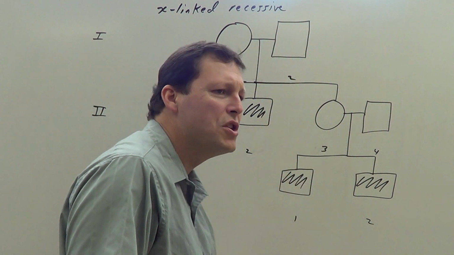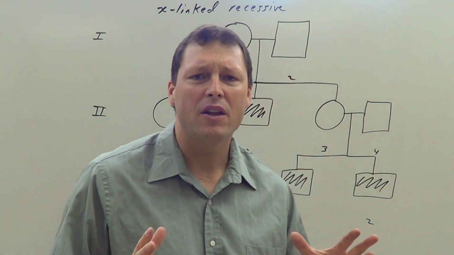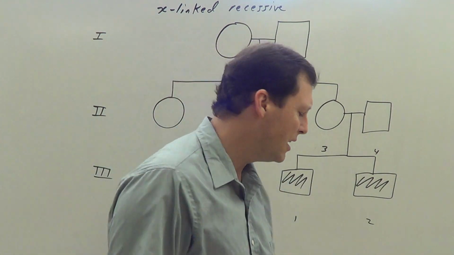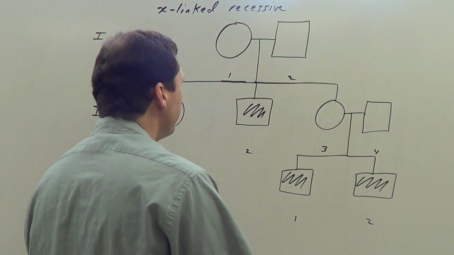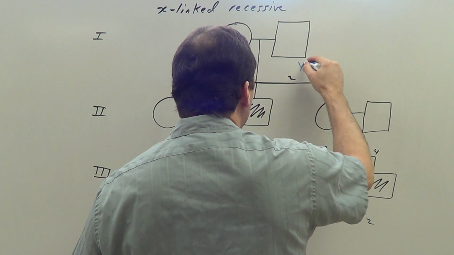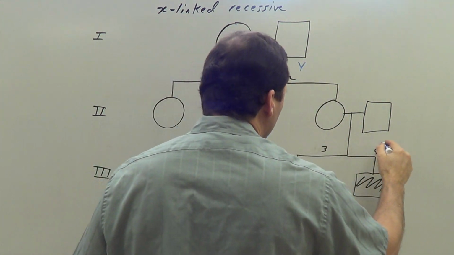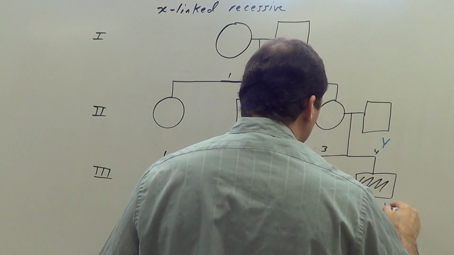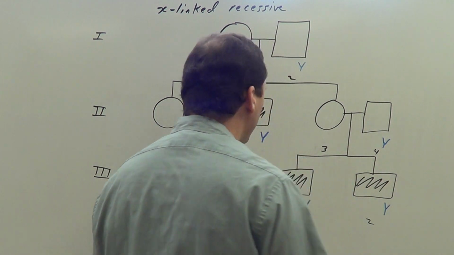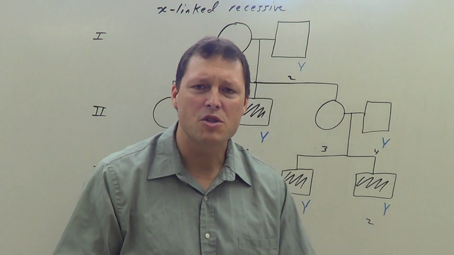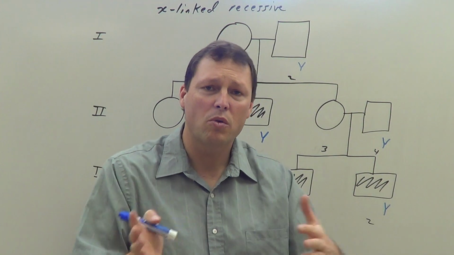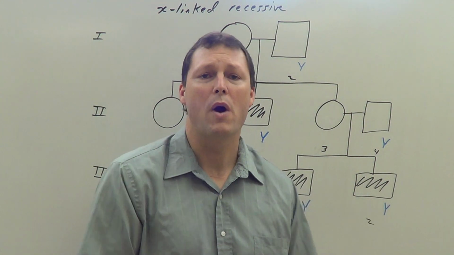Whenever a condition is X-linked, the first thing I like to do is put a Y as the second letter for all males. So let's do that. There's a Y, Y, and Y. The reason I do that is because males have a Y chromosome as their second chromosome.